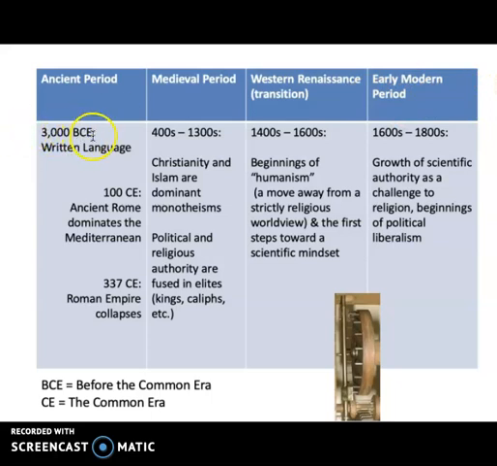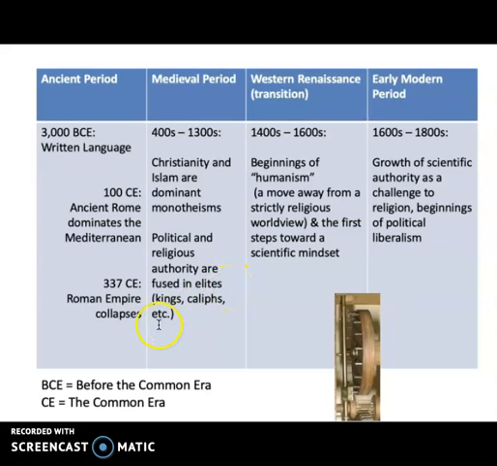So you began this course at the close of the ancient world, with the Roman Empire being the mighty empire in the Mediterranean arena and then collapsing. And the medieval period is marked by these dominant monotheisms, Christianity and Islam, and political and religious authority are fused.